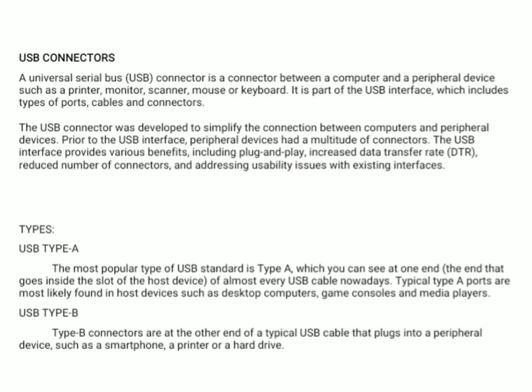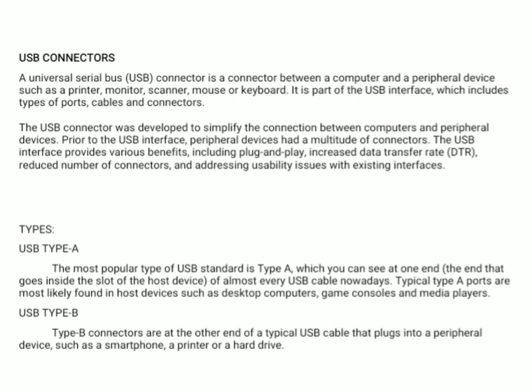USB connectors. A Universal Serial Bus, or USB, connector is a connector between a computer and a peripheral device such as a printer, monitor, scanner, mouse, or keyboard. It is a part of the USB interface, which includes types of ports, cables, and connectors. The USB connector was developed to simplify the connection between computer and peripheral device.